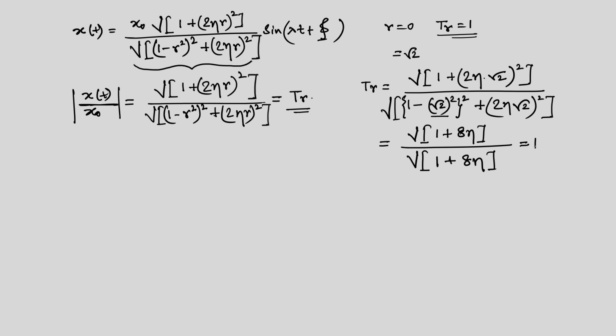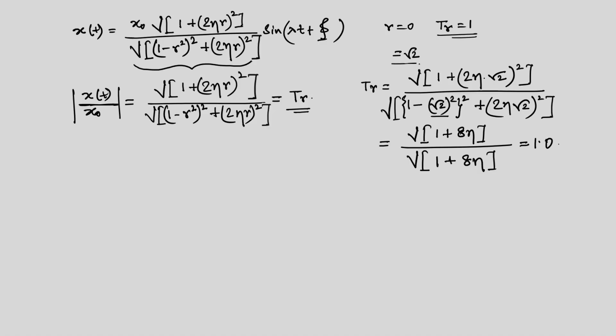So, the value is again 1.0. So, you can easily identify at r equal to 0, transmissibility is 1. Not only that, at r equal to square root of 2, no matter what is the value of this critical damping ratio, again the transmissibility is 1.